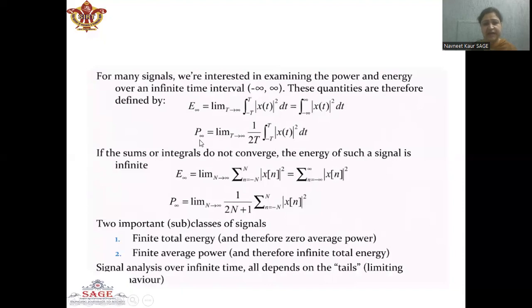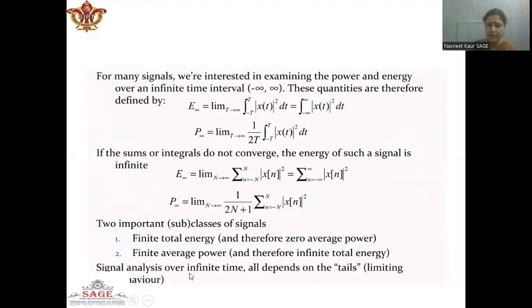Similarly, we can find the average power of the signal by the formula: limit T tends to infinity, 1 upon 2T, integral from minus T to T of x of t whole square dt. Here we can take the integration over one time period also, that means 0 to T. In that case, the denominator will become T, which is one time period. Similarly, for a discrete time signal, the integral will be replaced by the summation sign, and we will get the energy and average power of any signal.